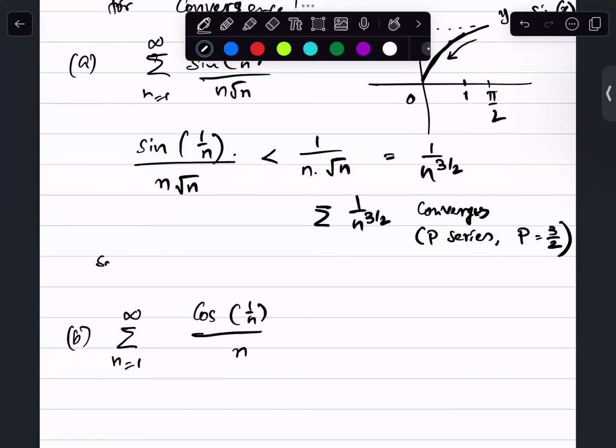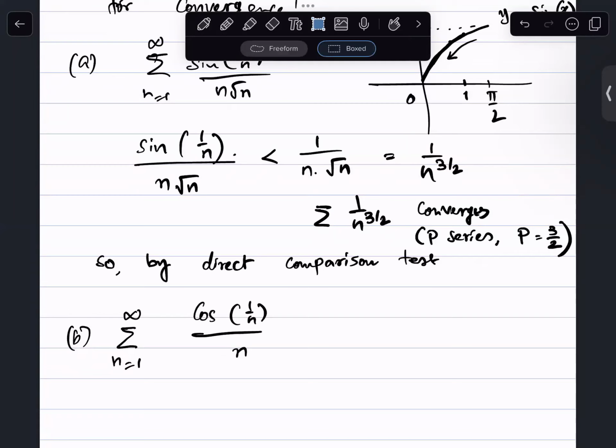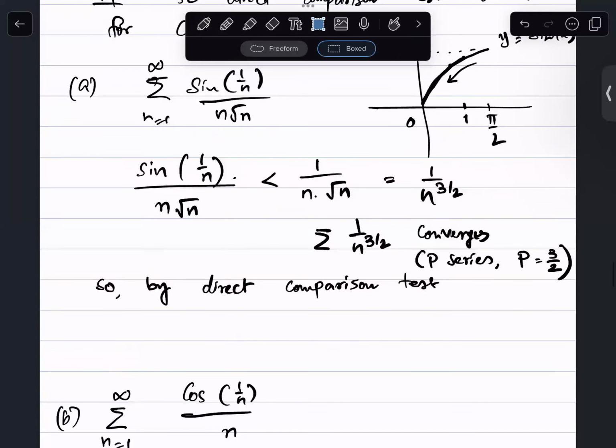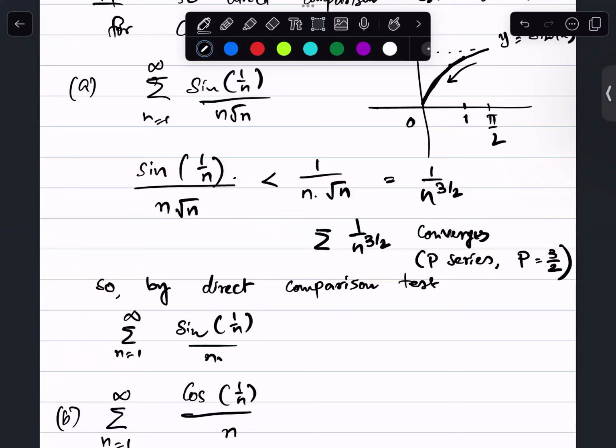So by direct comparison test, summation n equal to 1 to infinity sine 1 over n square root n converges.